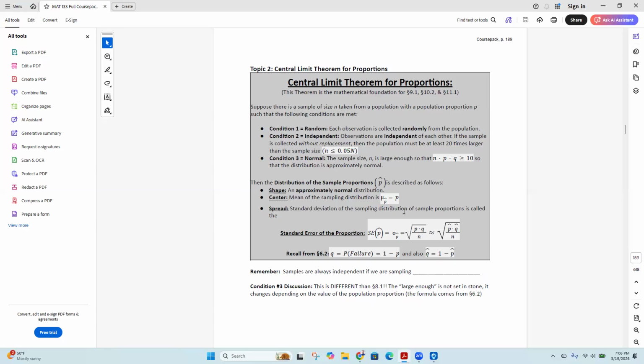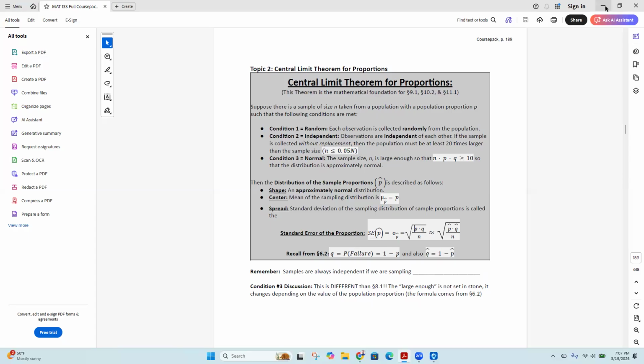So there's two minor differences. One of the differences is the spread, the standard error of the proportion, is this crazy formula. It is the square root of p q over n. Now there's two of them there: pq over n and p hat q hat over n.